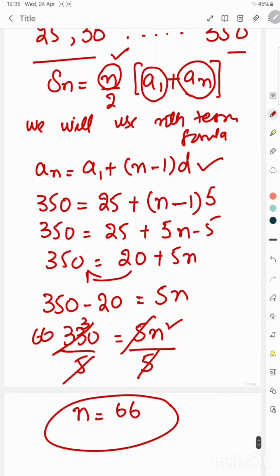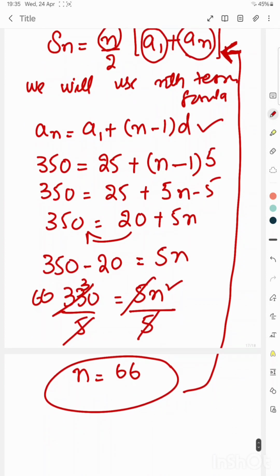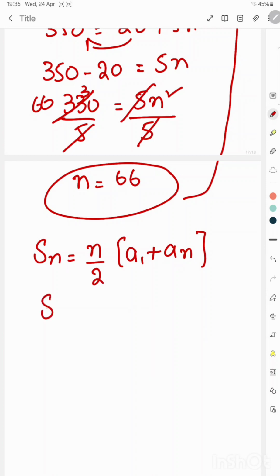You have to just put this value in this formula, which is the sum of n terms formula of an arithmetic sequence. So I will write the formula again here, so there will be no confusion. n by 2 times a1 plus an. Now here n is equal to 66, as we have found the value of n.